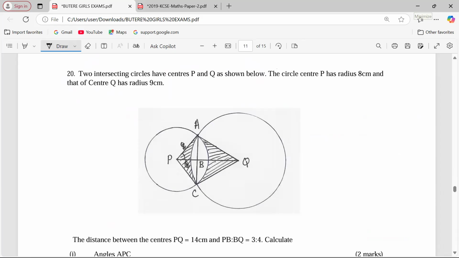Back to the paper now, number 20. Two intersecting circles have centers P and Q as shown below. The circle with center P has a radius of 8 centimeters, then the circle with center Q has a radius of 9 centimeters.